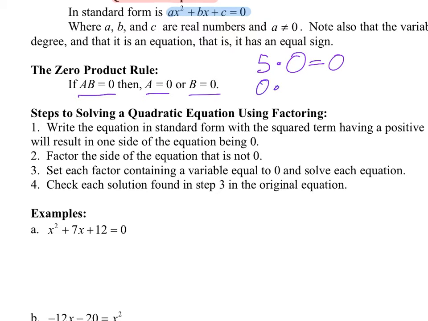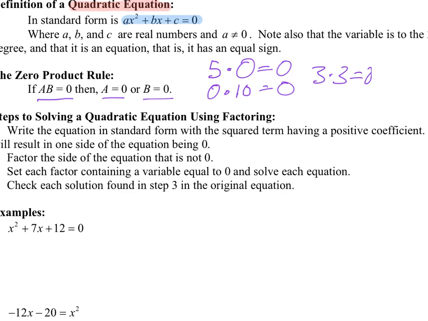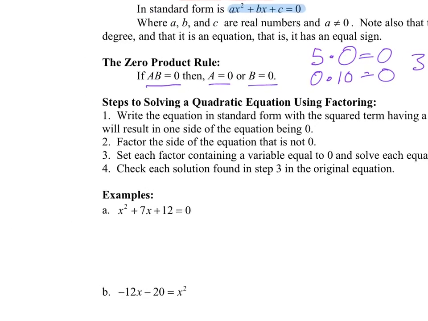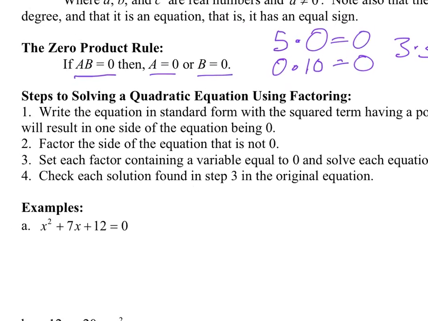If I have 0 times 10, that's 0. Can I have some number times another number, neither of them being 0, that equals 0? Of course I can't. One of them is going to have to be 0 in order for the product to be 0. That's what your product rule is telling you.